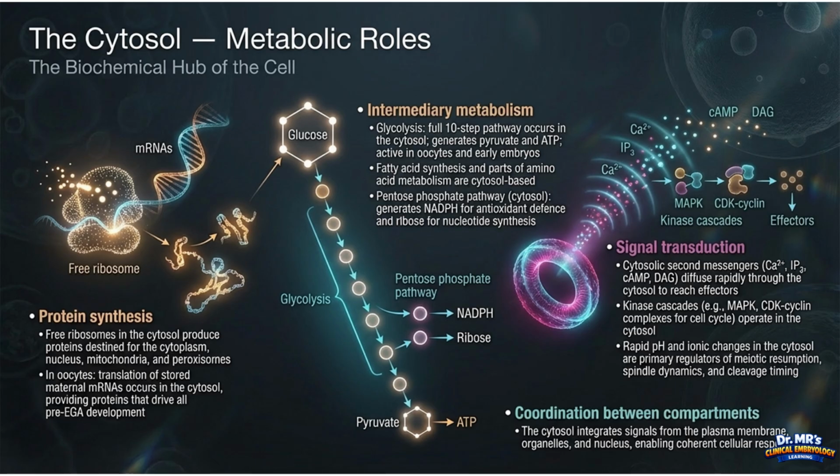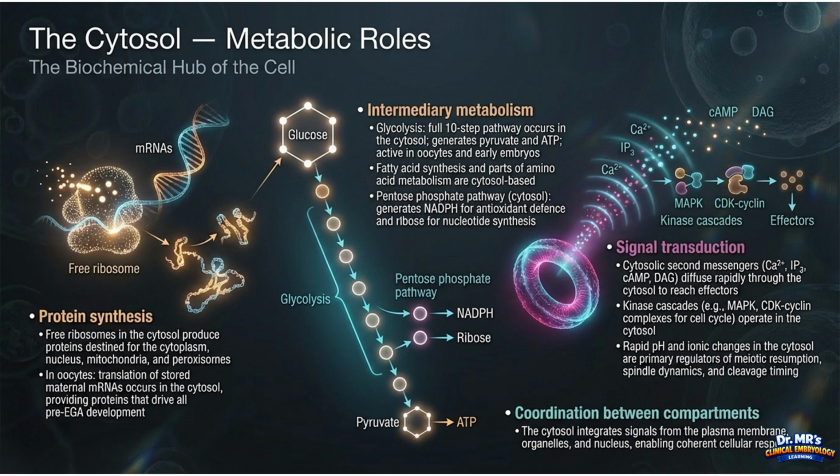The great kinase cascades that regulate cell cycle progression, including the mitogen-activated protein kinase pathway and the cyclin-dependent kinase and cyclin complexes that constitute maturation-promoting factor, all operate in the cytosol. Maturation-promoting factor activity is the master switch for meiotic resumption, and its rise and fall in the cytosol directly controls germinal vesicle breakdown, metaphase 1 and 2 arrest, and the completion of meiosis at fertilization.